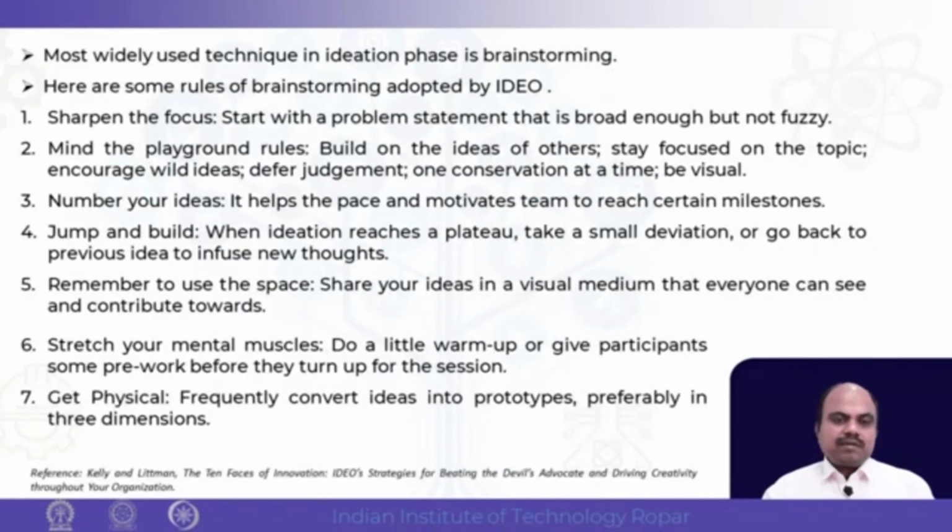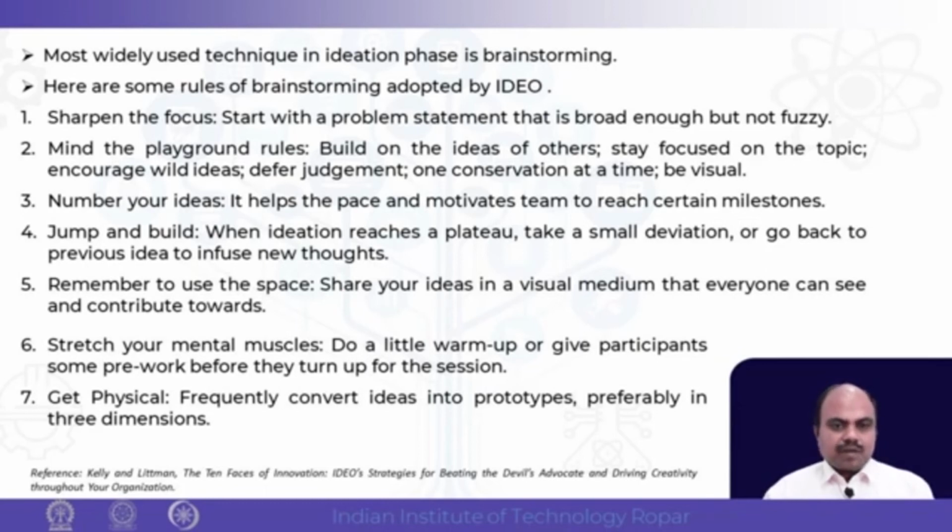So what we see here is that there are so many techniques for idea generation, and one of the most commonly used techniques for ideate is brainstorming. This is very common in industry, and there are certain rules for brainstorming. One is to sharpen the focus: start with the problem, and be broad enough.